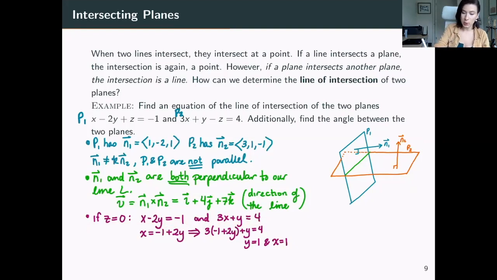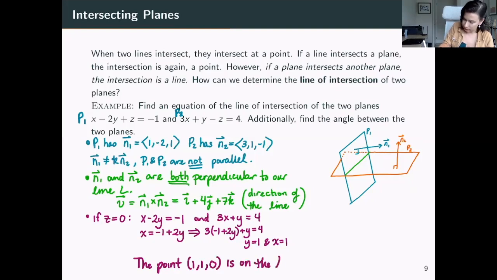After solving and getting y equal to 1 and x equal to 1, this let us know that the point given by (1, 1, 0) is on the line. So now that I have a point and I have the direction of the line, we can set up the symmetric equations.